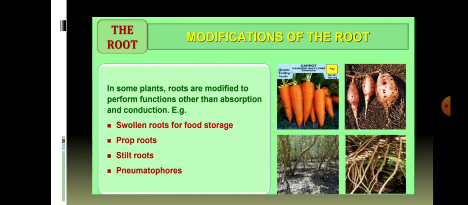These store carbohydrate and are used during the early growth of the succeeding season. Prop root, stilt root and pneumatophore root. Pneumatophore roots are also called breathing roots.